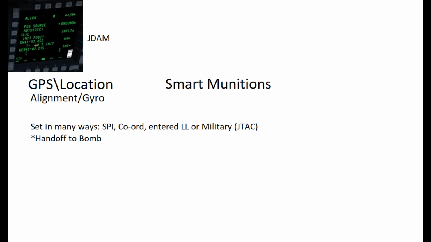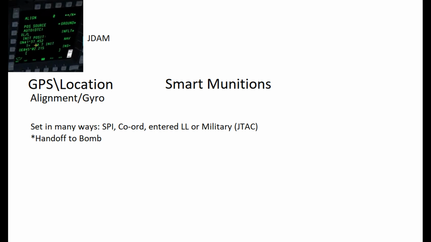to your munition. You have to remember a lot of these systems work a little bit differently. The reason I've got the handoff to bomb there as a star is because your aircraft has this information, it's calculated stuff, it's done all the work, but you need to hand that information off to the weapon in some way, shape or form.